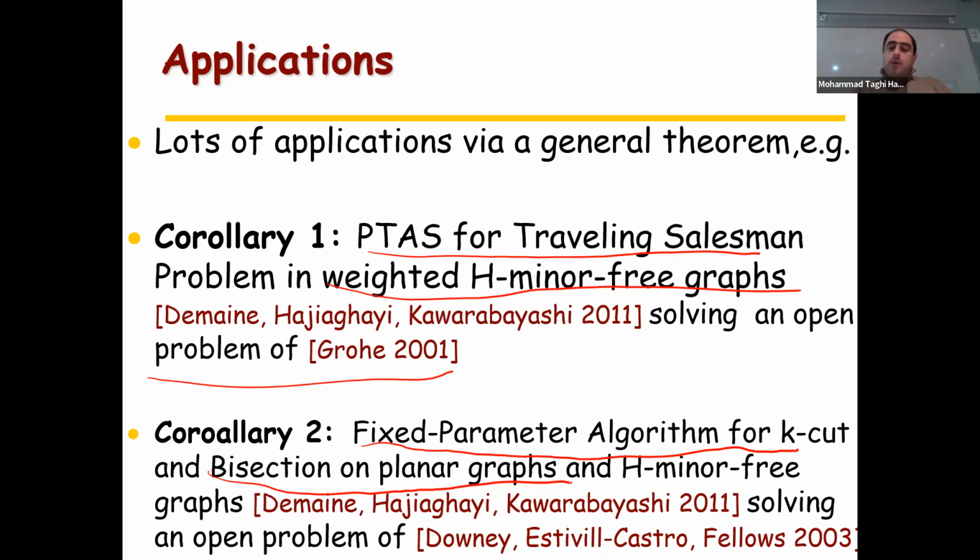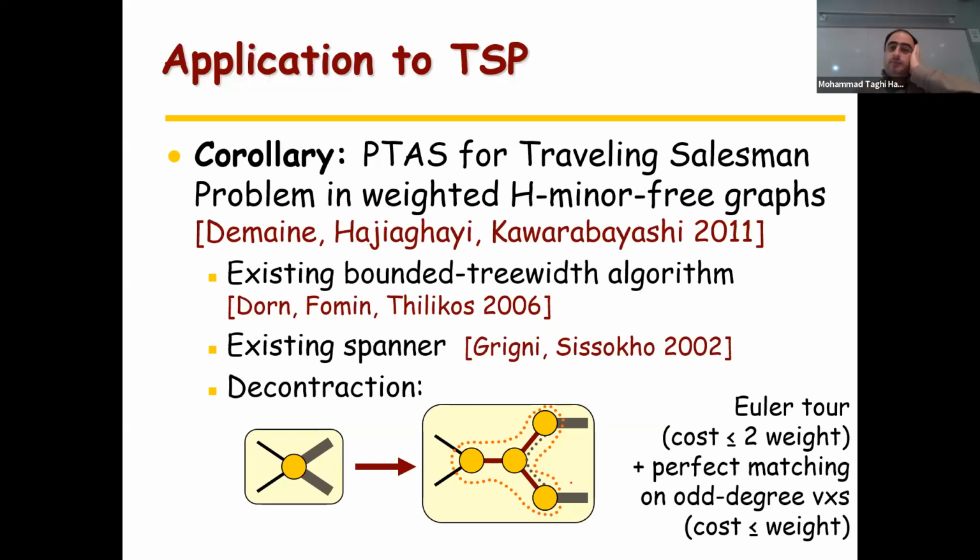This was solving an open problem from 2003. So you can get PTASs or fixed parameter algorithms using that. I will mention how we can get them. So there is a PTAS for the traveling salesman problem in weighted H-minor free graphs using this theorem.